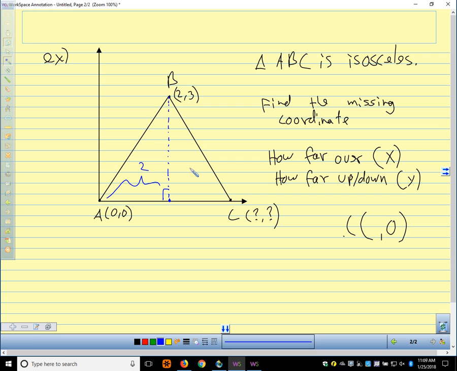If it's isosceles, we know that this perpendicular segment cuts the base in half. So this distance also has to be 2. So what is the total distance over? 4. So that means we're going over 4. So the coordinate of C has to be 4, 0.